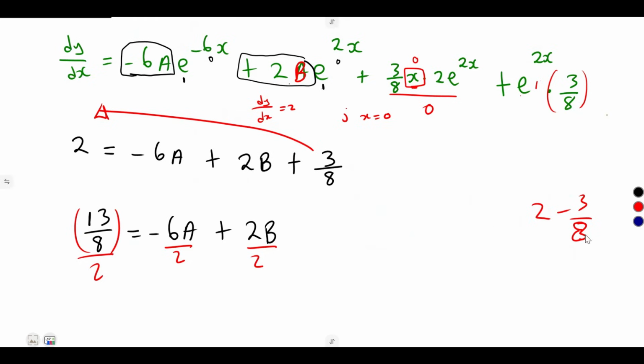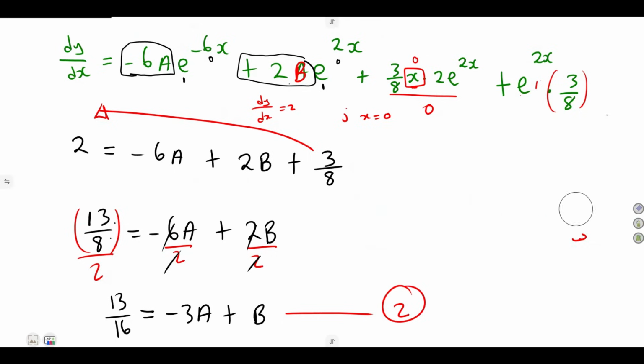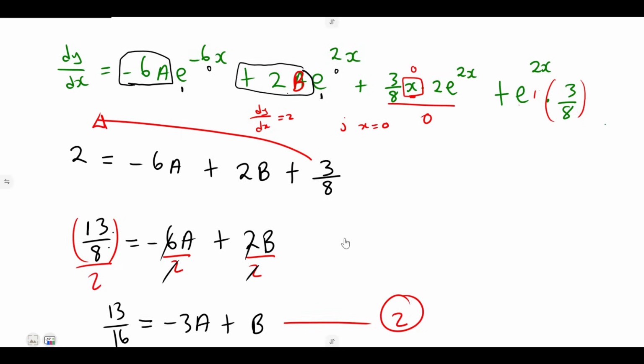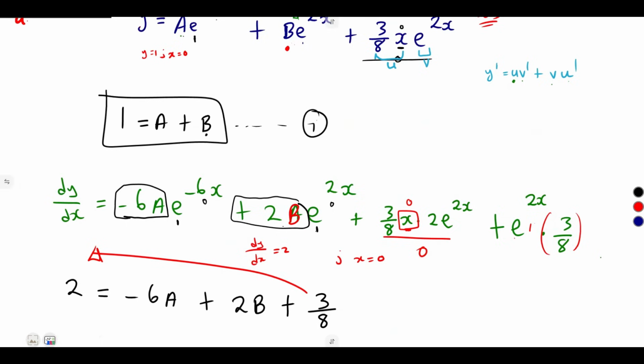So let us just divide here. 13 over 8 divided by 2 is going to give us 13 over 16 equal to negative 3a plus b. So this is our simplified equation, which we can call equation 2. Since we have got equation 1 and equation 2, we can simply solve by substitution or by just having b as the subject.